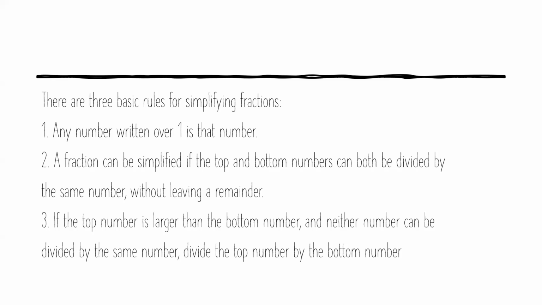Hindi natin pwedeng gamitin ang number na pwedeng i-divide ang numerator pero hindi naman pwedeng i-divide ang denominator. Dapat pareho silang nadi-divide. Okay po, para masabi natin na yun ang pang-simplest form nila. If the number on top is larger than the bottom, technically, that will be a mixed number. Later, aalamin natin kung paano gagawin yon.